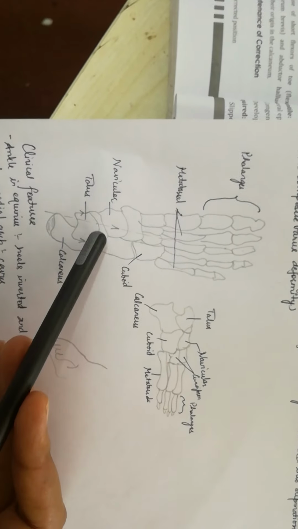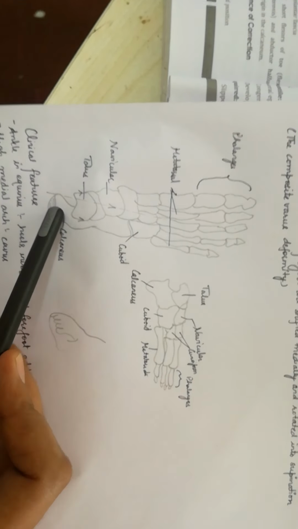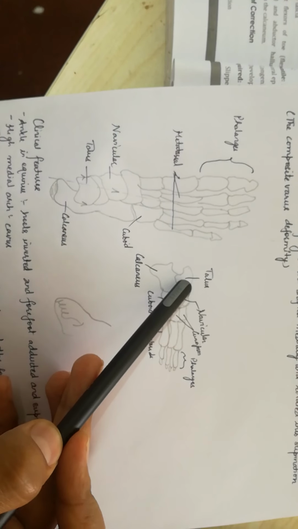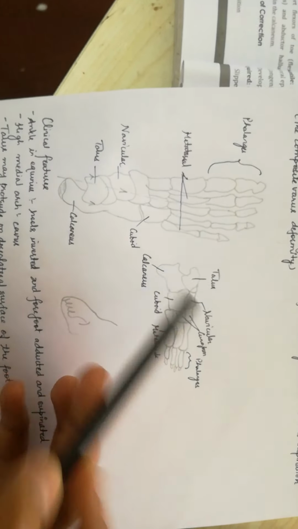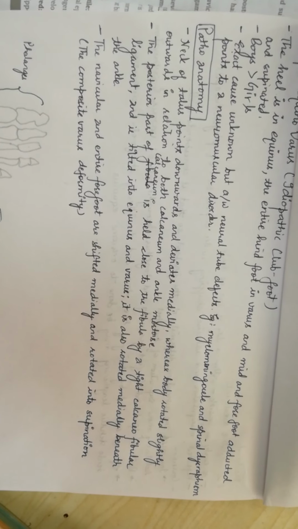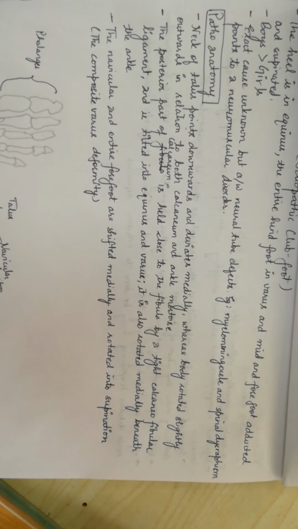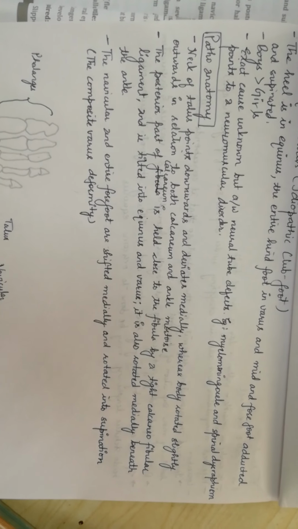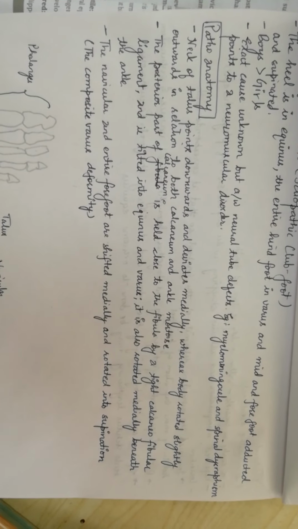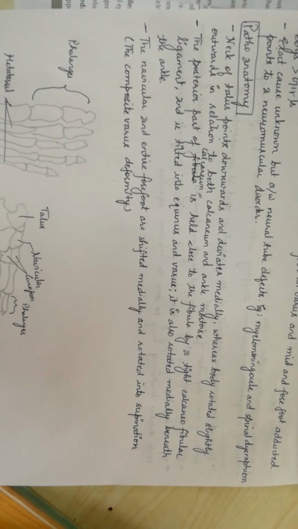First, let's have a review of the anatomy of the bone. This is the talus bone and this is the calcaneum. In the lateral view, we can see the talus and the calcaneum. The neck of the talus points downwards and is deviated medially, whereas the body is rotated slightly outwards in relation to both the calcaneum and the ankle mortise.